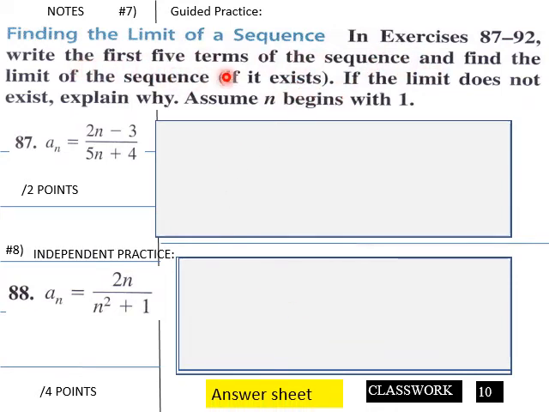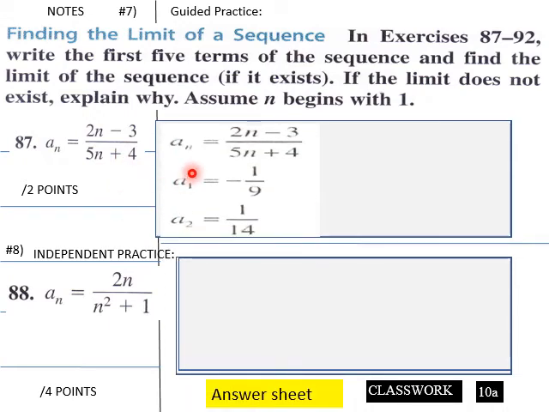Write the first 5 terms of the sequence and find the limit of the sequence if it exists. If the limit does not exist, explain why. Assume n begins with 1. So with those kinds of limits here, we have a sub n equals 2n minus 3 over 5n plus 4. And here's our initial expression.